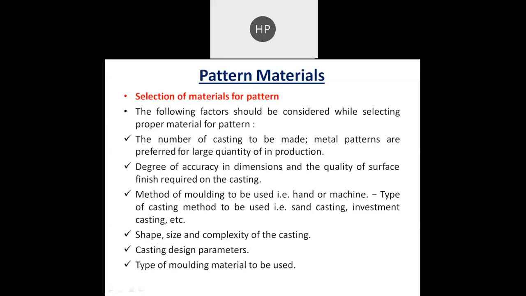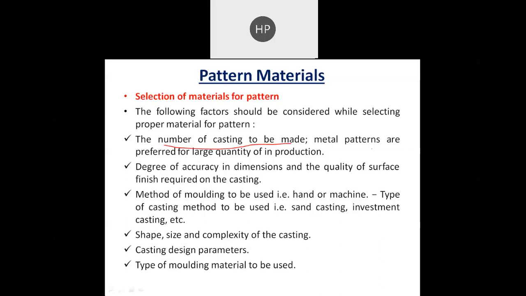And if you want to make only one or two or 10 products, you do not require a very long life of a pattern, so in that case you can use a different material.